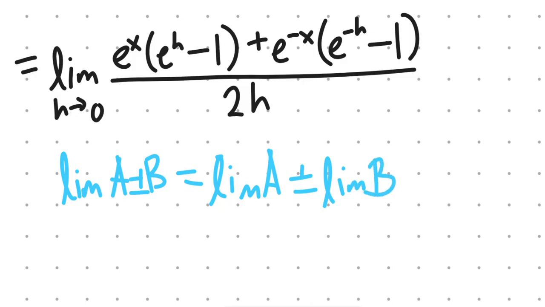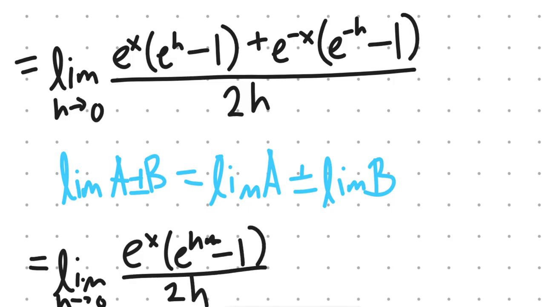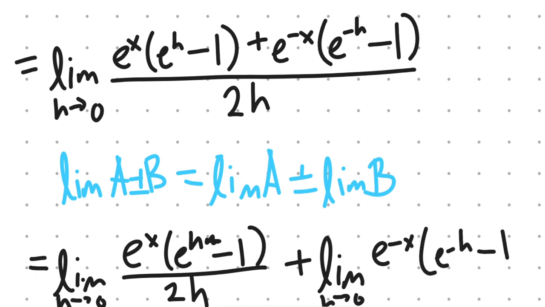The proof of this rule I'm going to prove in a future video, but for now, let's just write it down. So we just have the limit as h approaches 0 of e to the x times e to the h minus 1 over 2h plus the limit as h approaches 0 of e to the negative x times e to the negative h minus 1 over 2h.